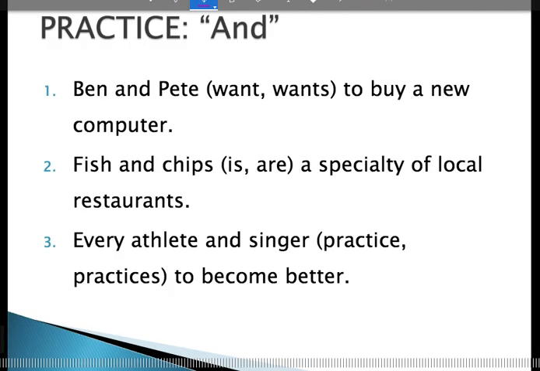So let's look at some practice when we use the conjunction and. Ben and Pete want or wants to buy a new computer. So we obviously have our verb here in parentheses, want or wants. That is the action. Who or what is doing the action? Well, Ben and Pete. They want. So they are our subject, Ben and Pete.